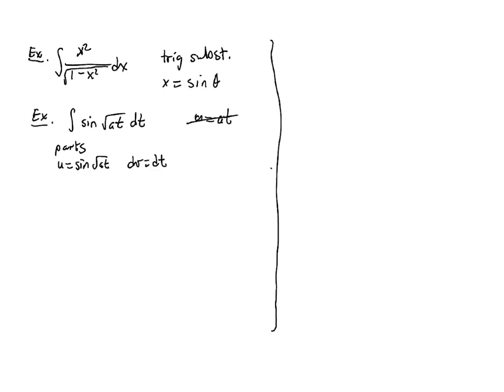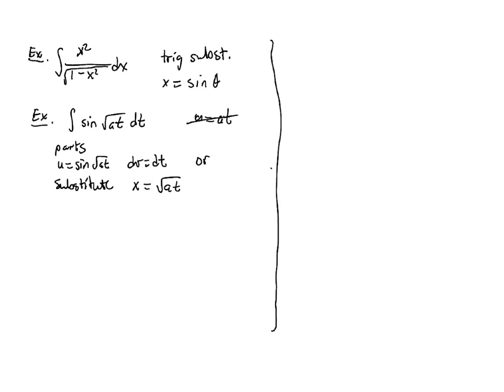The thing that I see that you can try is a substitution, and the substitution I would use is, I'm going to call it x equals the square root of at.